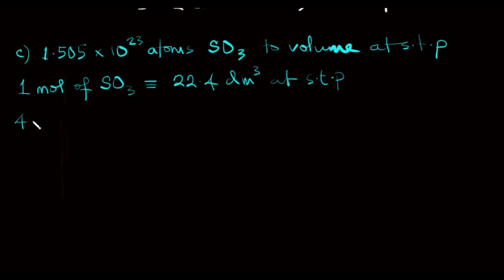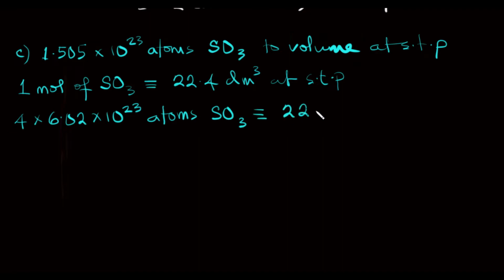There will be 4 times 6.02 times 10 raised to power 23 atoms of sulfur VI oxide, which will occupy 22.4 dm cube at STP.